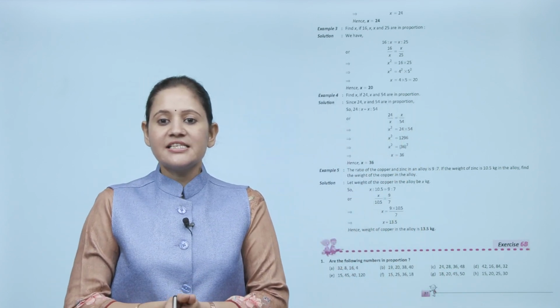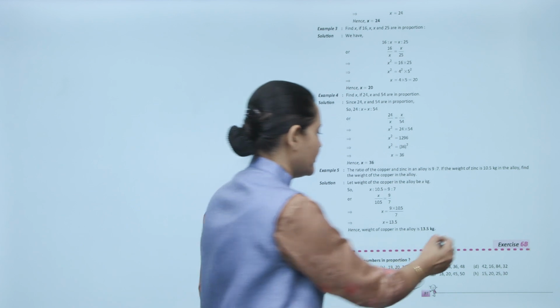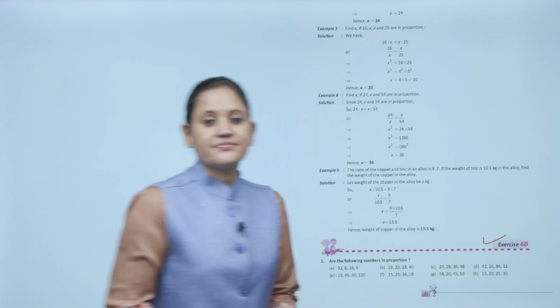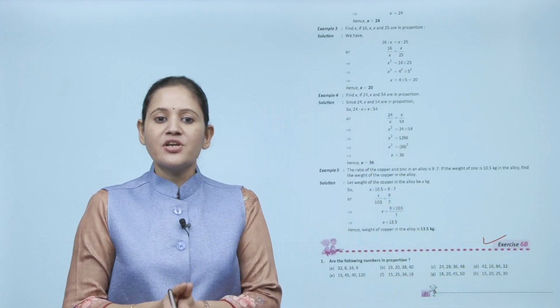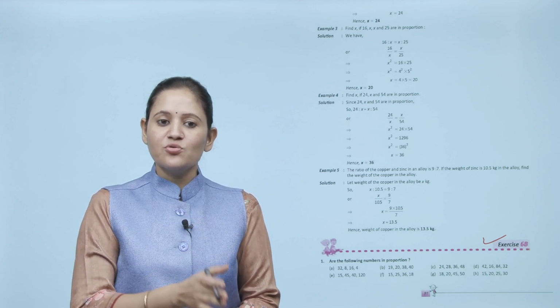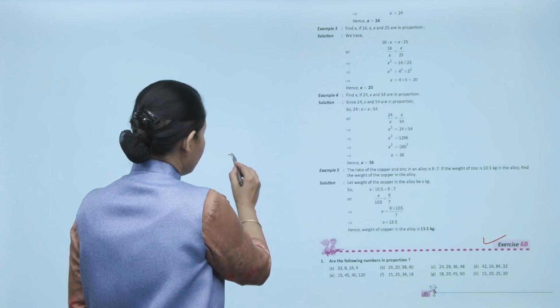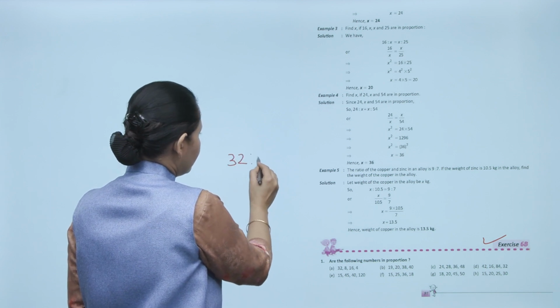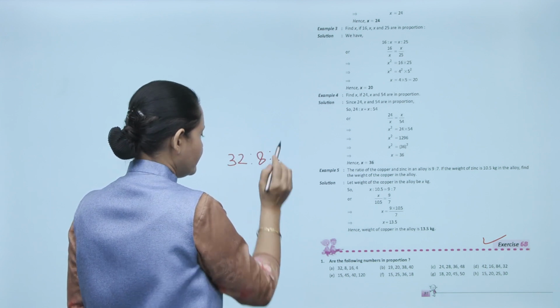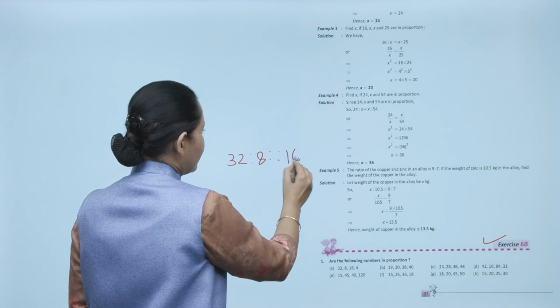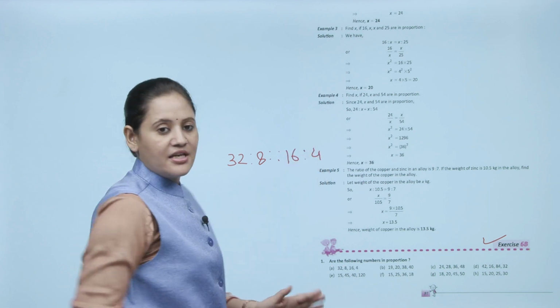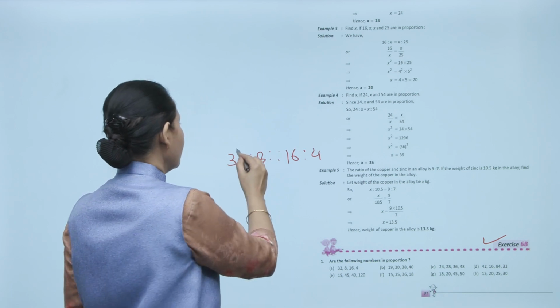Next is exercise 6B. Are the following numbers in proportion? Numbers are 32, 8, 16 and 4. We have to check whether these numbers are in proportion.